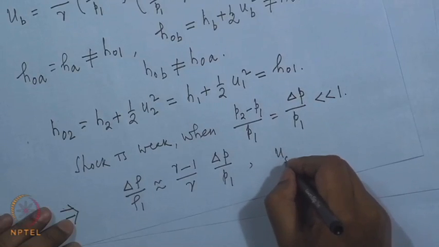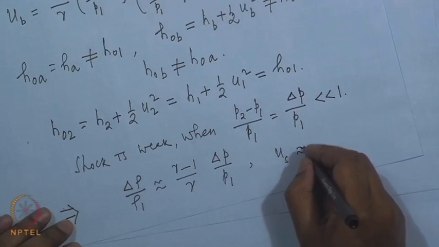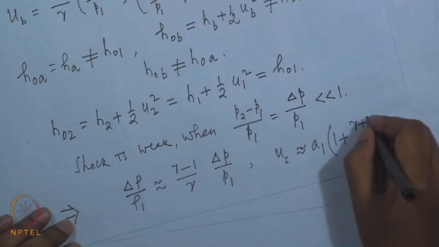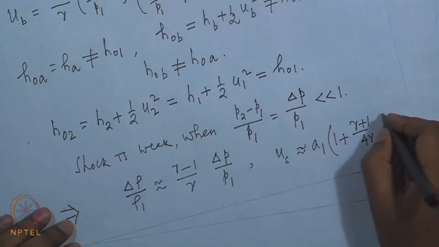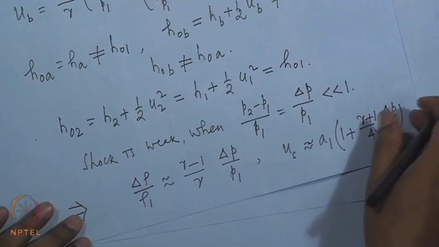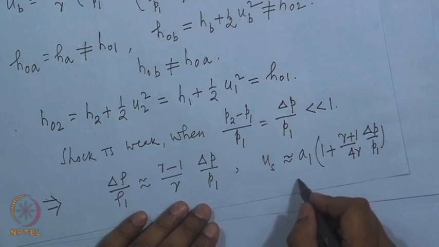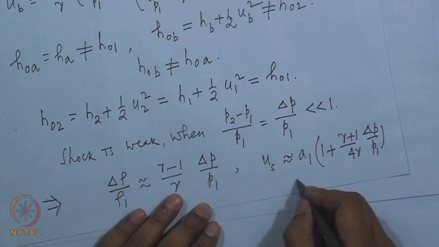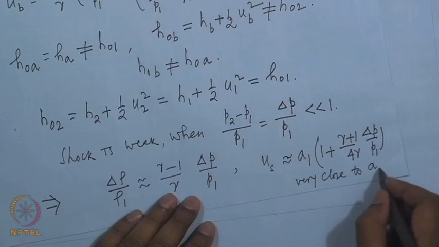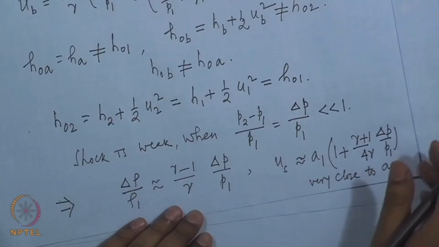The shock speed will be approximately u 1 into 1 plus gamma plus 1 by 4 gamma, that is, the speed of a very weak shock is very close to a 1.